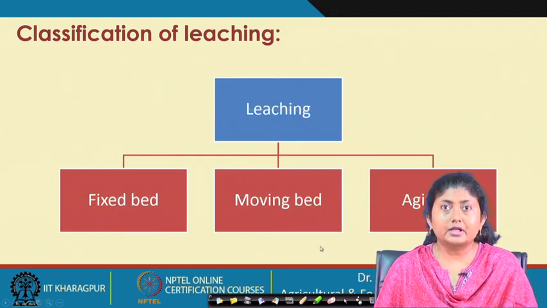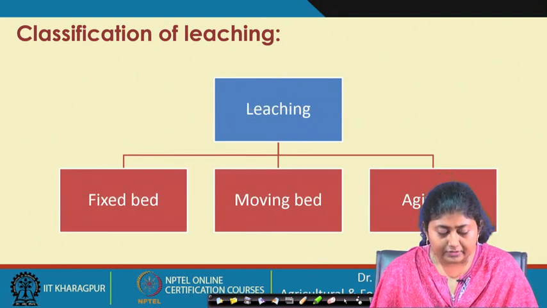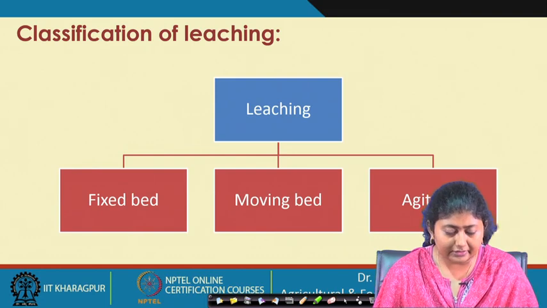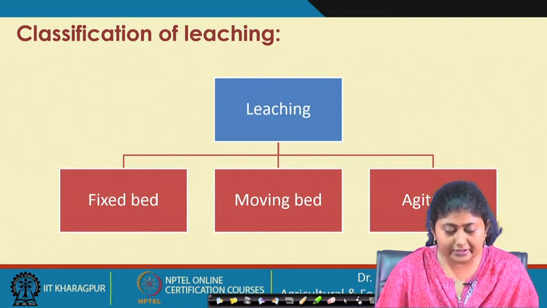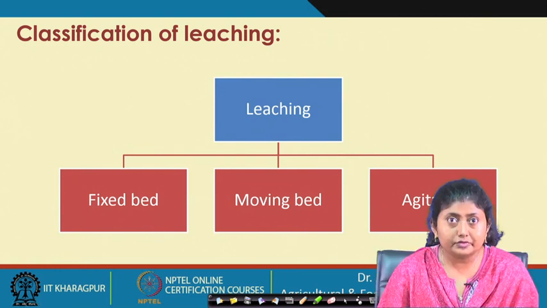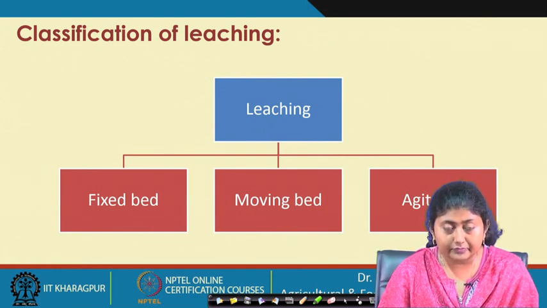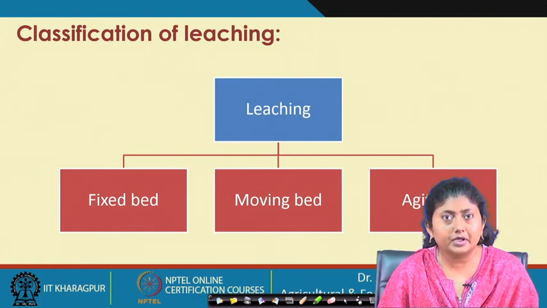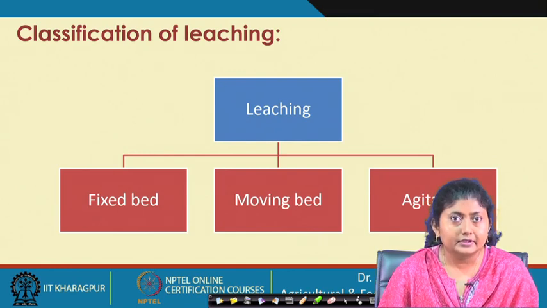Now, coming to the classification of leaching. Leaching can be broadly categorized as either fixed bed leaching, moving bed leaching, or agitated. Fixed bed leaching means the bed of the particles is fixed and the solvent is passing through it, and within this pass, one pass or two passes like that, the solute will be extracted.